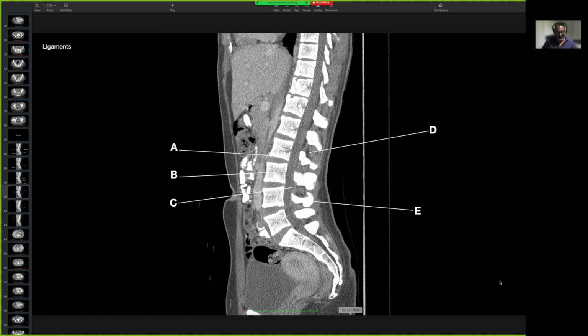Now these are the ligaments. So A is around. Correct. Correct. Yeah, I'm sure. Okay, you can skip it, but I'm sure you'll know it. But all right, D. Yes. No, it's inside the spinal canal, but it's in the posterior layer.